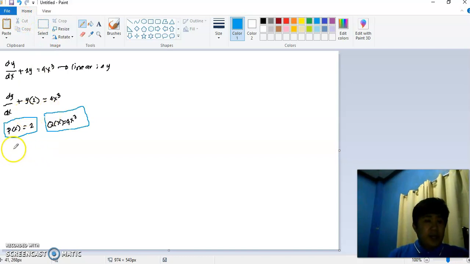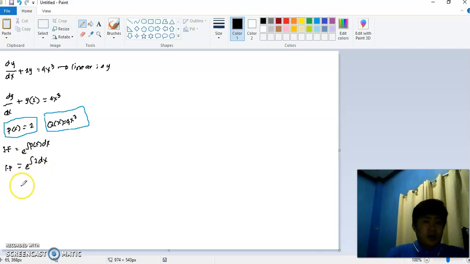We have already the value of p of x. Therefore, we can now solve for our integrating factor, which is e raised to the power of integral p of x dx. So the integrating factor is e raised to the power of integral of 2 dx, because your p of x is just 2.